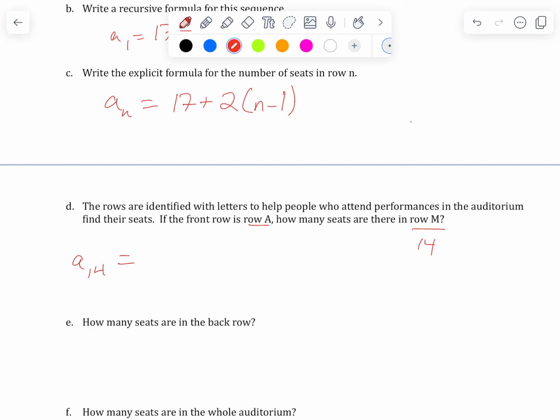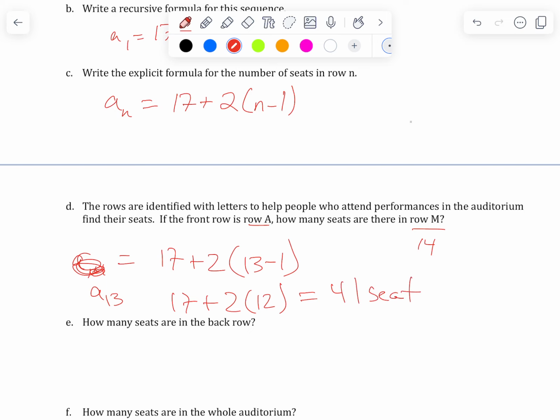All right, A, B, C, D, E, F, G, H, I, J, K, L, M. Whoops, sorry, M is 13. So I put in here 17 plus 2 times 13 minus 1. So 17 plus 2 times 12. 24 plus 17 should be 41 seats.